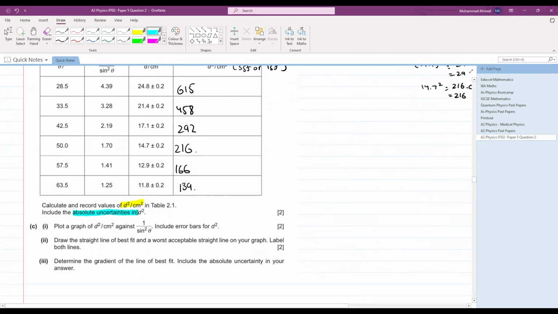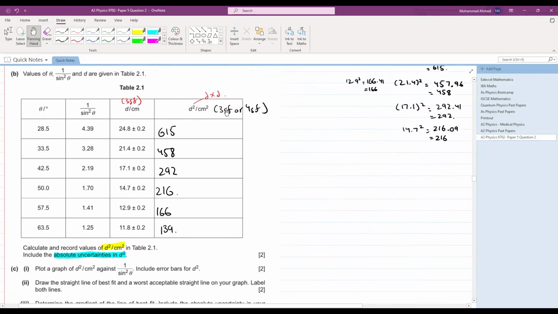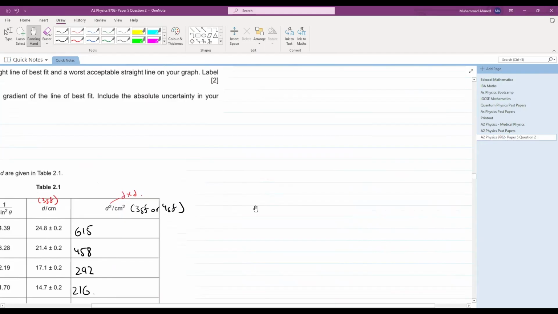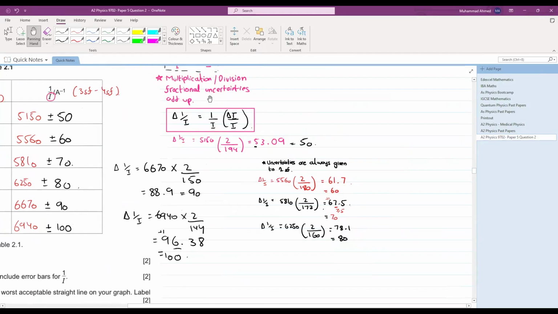If you notice, this is a typical case of multiplication. Whenever we were multiplying or dividing, I told you to remember one rule. What was that rule? During multiplication or division, fractional uncertainties add up. This is the rule that I told you guys.